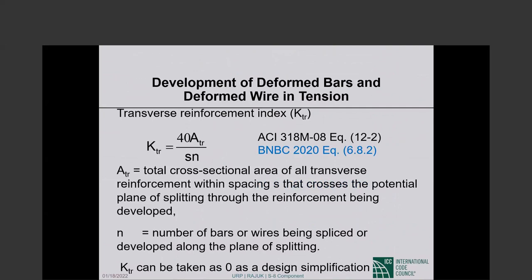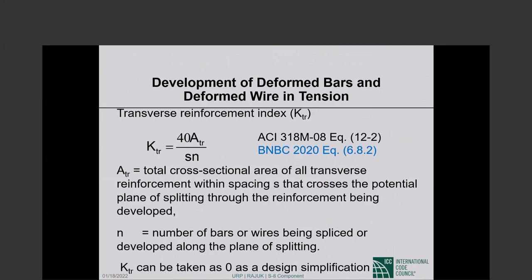Okay, so total cross-sectional area of all transverse reinforcement within spacing S that crosses the potential plane of splitting through the reinforcement being developed. N is the number of bars or wires being spliced or developed along the plane of splitting. This is very important.